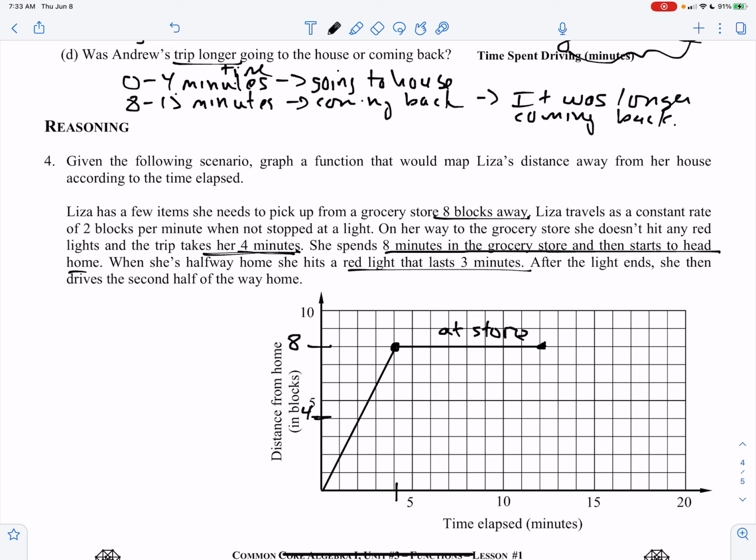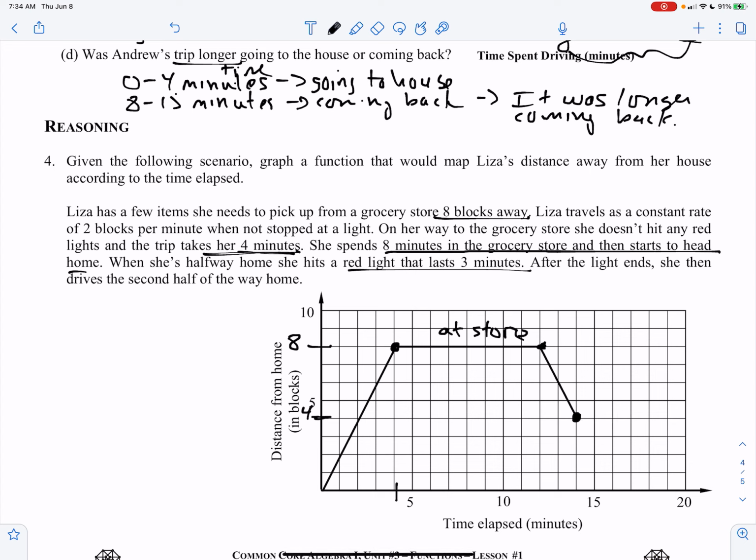So she's headed home at the same rate, mind you. It's the same steepness of line here, but the red light lasts for 3 minutes, so she hasn't moved anywhere for 3 minutes.